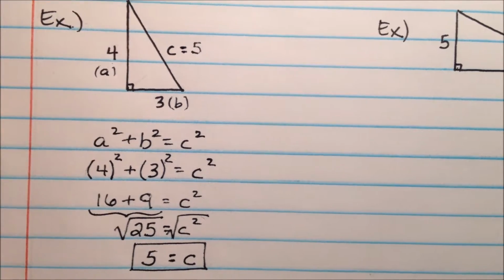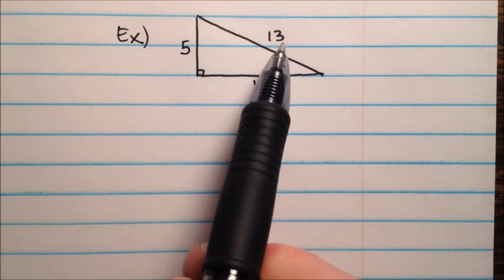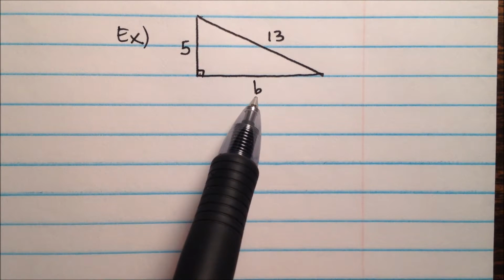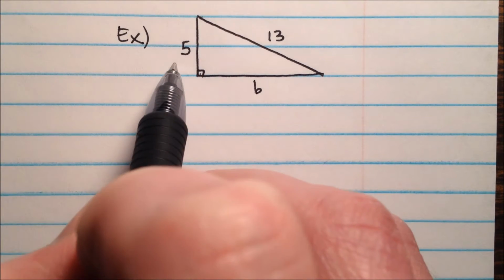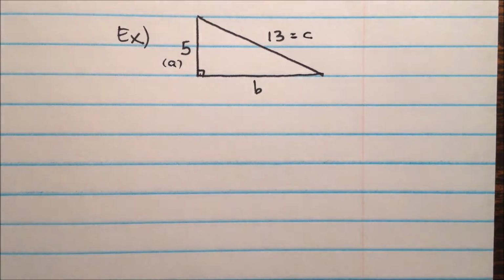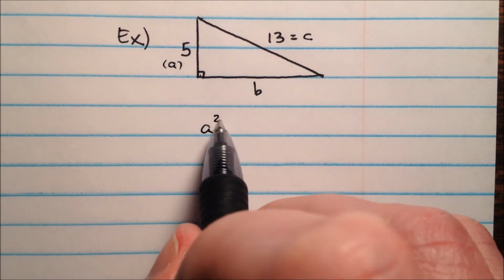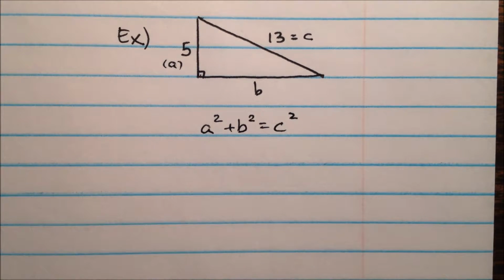Okay, we have another example now where in this case we're given the length of the hypotenuse and we're given one of the legs, so we'll be searching for the other leg. I've labeled this other leg B, which means this leg will have to be A, and this 13 here will be our C. Okay, so we'll start again with a squared plus b squared equals c squared.